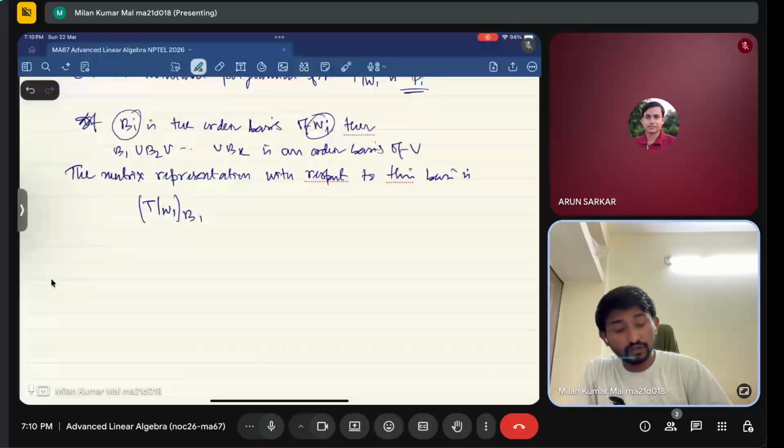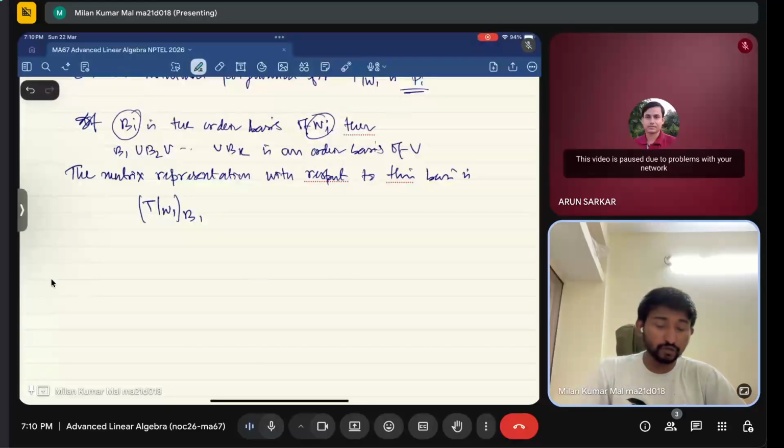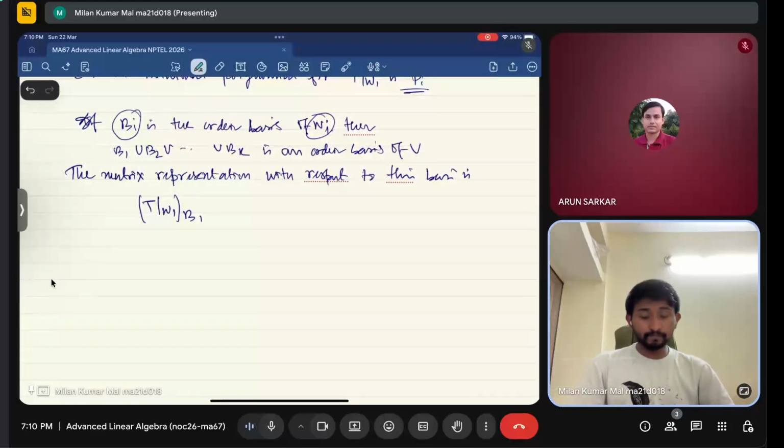So this is the whole matrix. This is somehow the simplest form. All other entries will be 0.